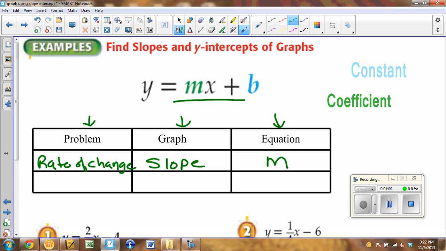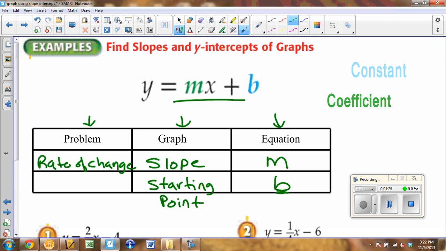Okay. In the equation, we have a b, which is our constant term, and the constant term represents the starting point, or the beginning. Sometimes I like to call it the beginning because that matches my b over here, but it's the starting point.